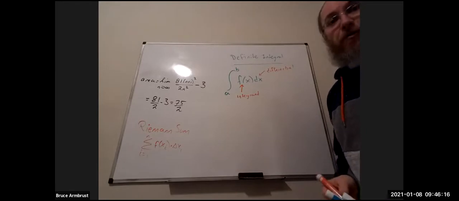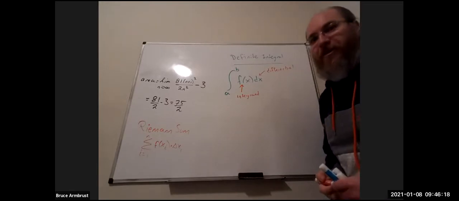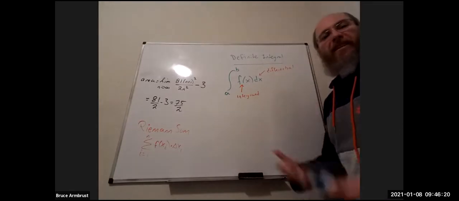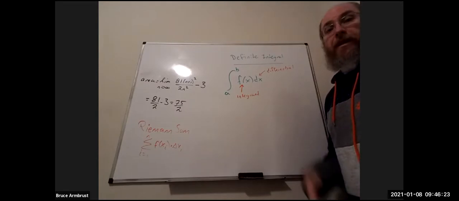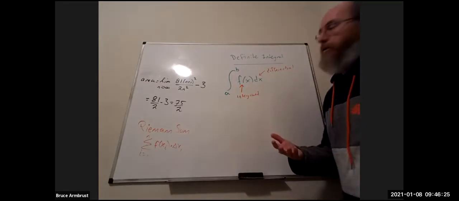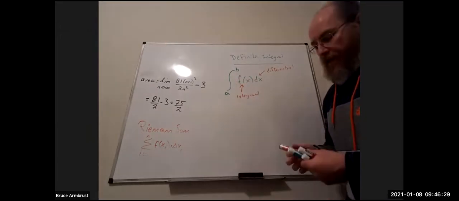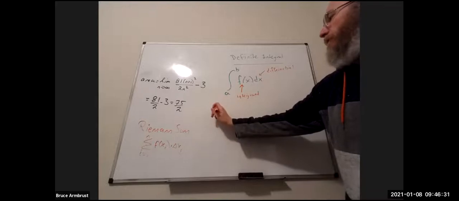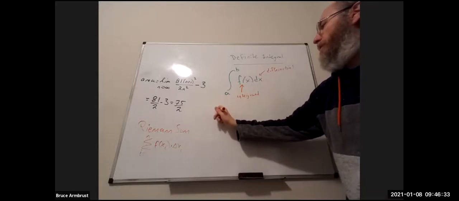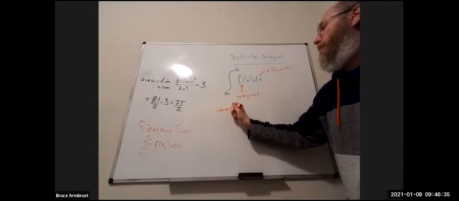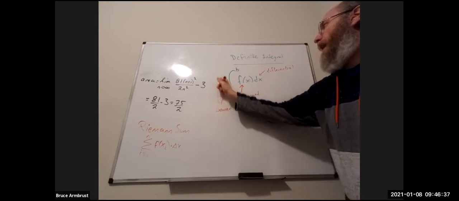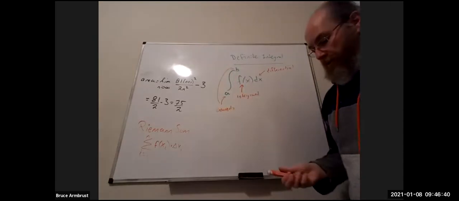Hopefully you remember those from differential calculus, right? It basically is just telling you what we're differentiating with respect to. In this case, it's what we're integrating with respect to. Again, that's not new from what you saw before, but the a and the b, these are the bounds of integration. And that's what's new.